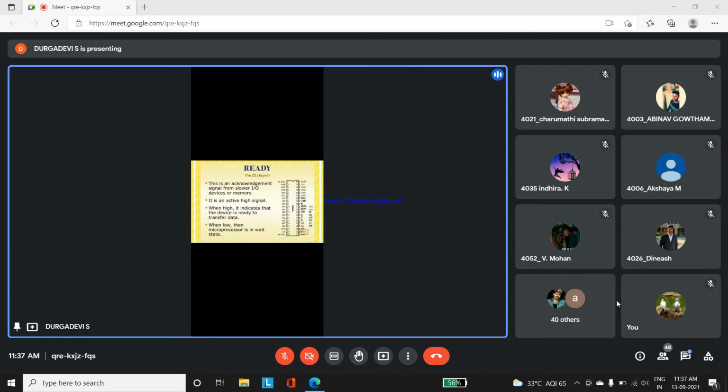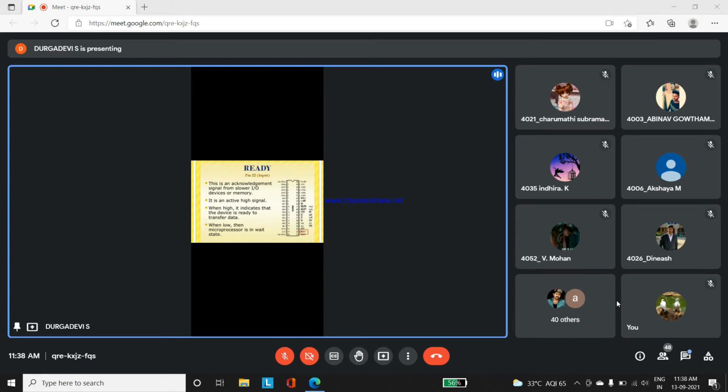When the processor is trying to read some data, since the IO device is very slow, the processor has to wait. It's a waste of time. So the processor will initiate the read operation, and after that it will do some other computation. When the IO device is ready to transfer the data, it will intimate your processor through the ready pin.